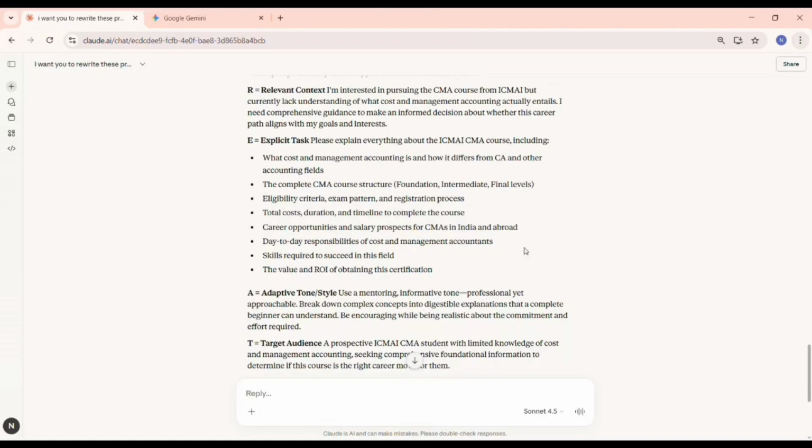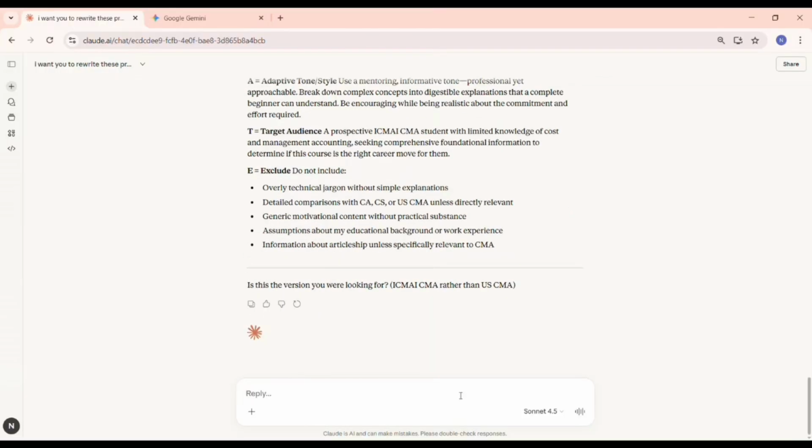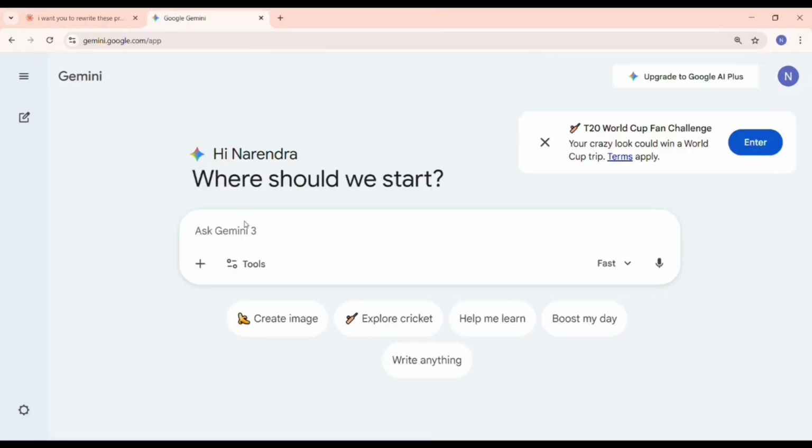And as you can see, it has already given us the prompt. Let's copy this and paste it into Gemini. The prompts for Claude and for Gemini will be given below.